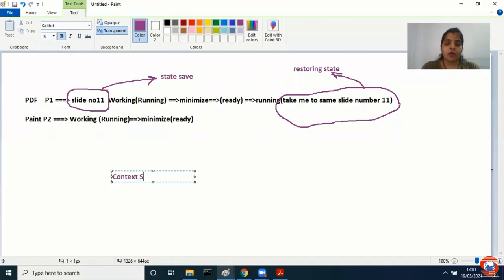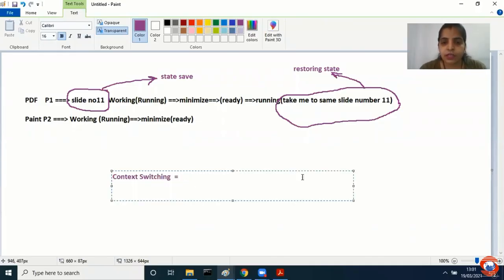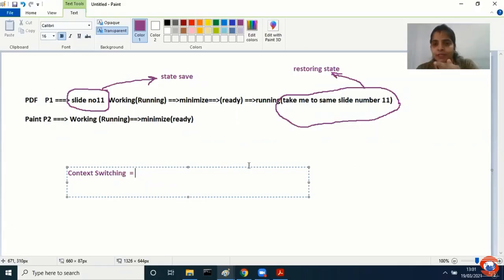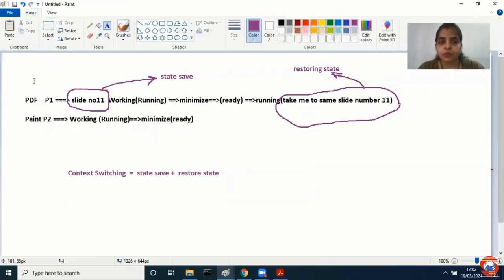That is called context switching. In the background, my operating system performs the state save and then restores the state. So what is context switching? Save the state, and whenever I open it back, restore it at the same state. Did you understand? Switching from one process to another process is called context switching.